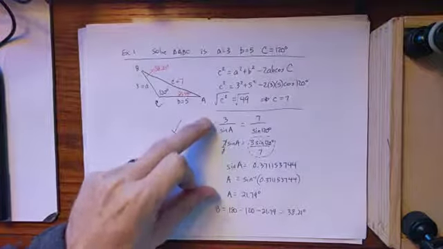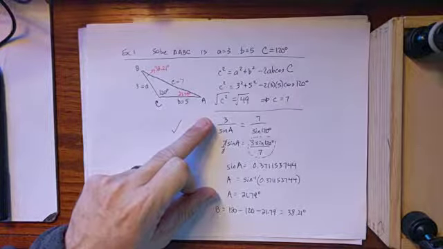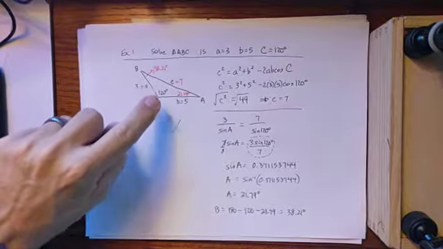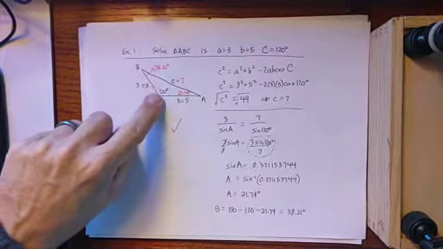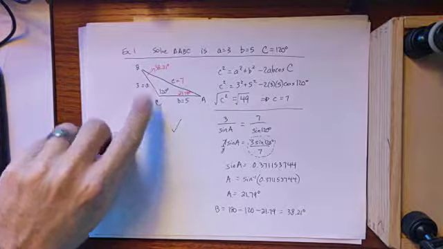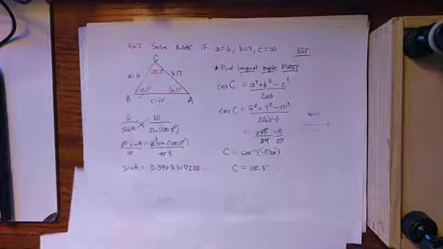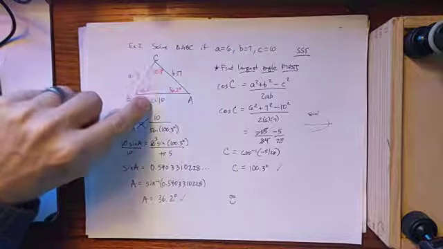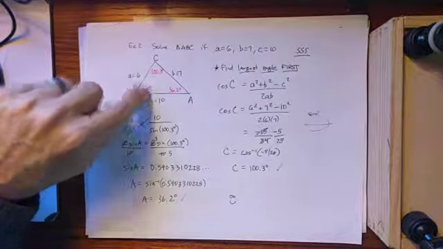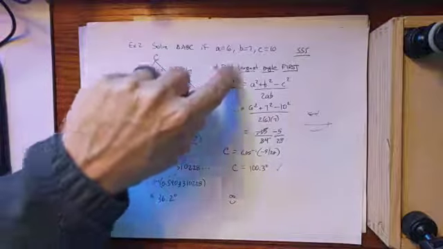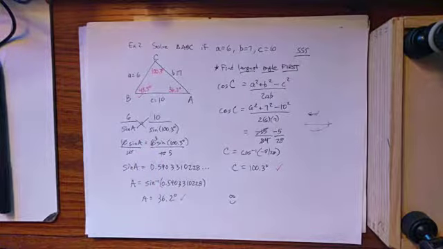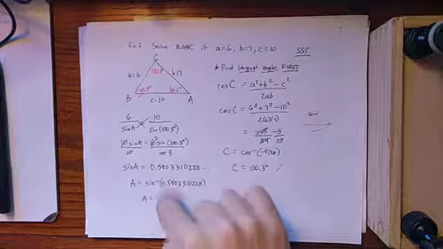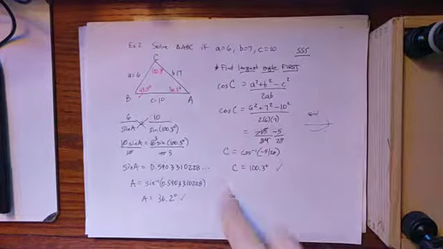The only reason you can ever do this is if the first angle that you have is the largest angle in the triangle. I knew that because this was obtuse. And certainly I knew that here because I forced it to be the largest angle because I picked the longest side to work with there, right? So if you do this first, then you're good to go to use the law of sines. And you can see that that is a lot less work than all of this stuff.